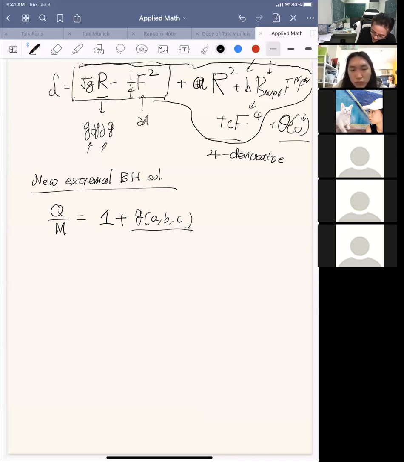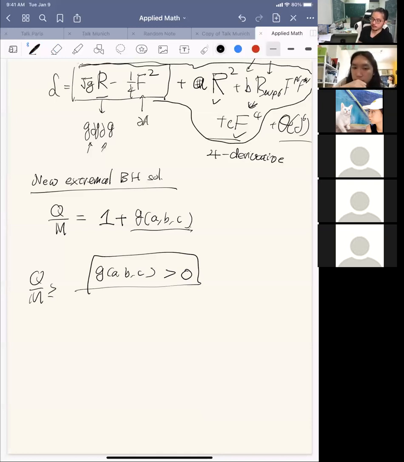Remember that we must have Q over M bigger than 1. So you can see that you can actually now have Q over M bigger than 1 just by including these corrections. But these corrections must come in such a way that G(A,B,C) is bigger than 0. This must be absolutely positive.